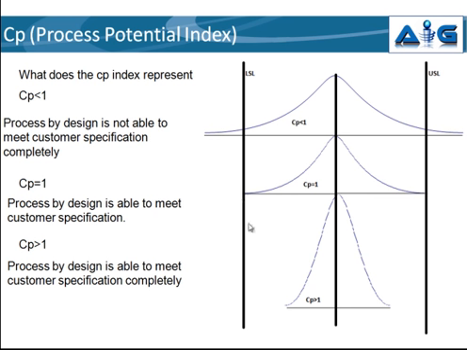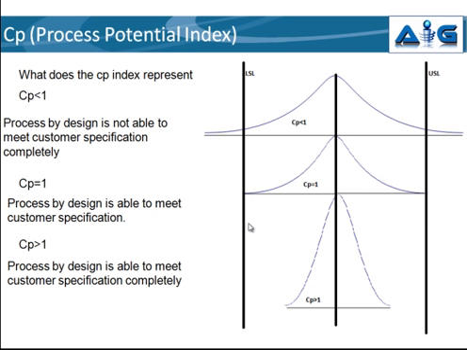That means in this case, my process is not performing outside specification. But again, don't forget, CP means 100% of a process. That means 100% of my process is such that it will not create any defect. But if my process does not work at 100%, nothing can be saved. So this is when CP is equal to 1. When CP is equal to 1, the process is capable of meeting the customer's expectation.